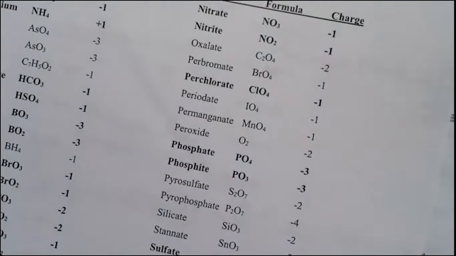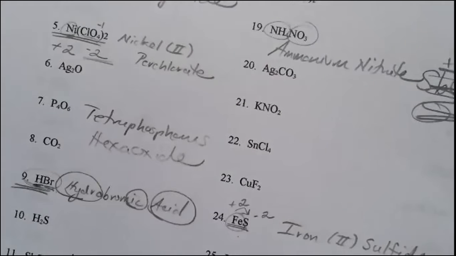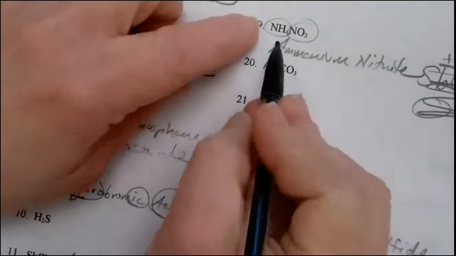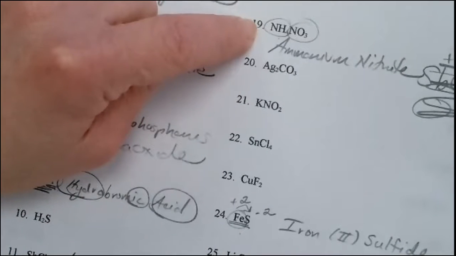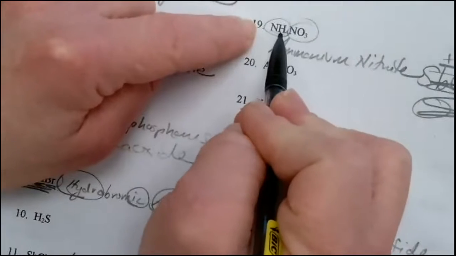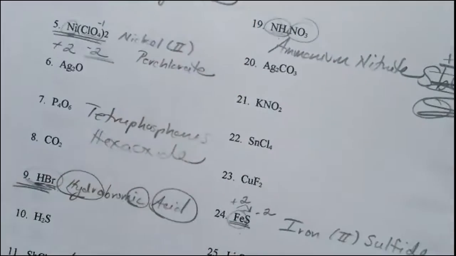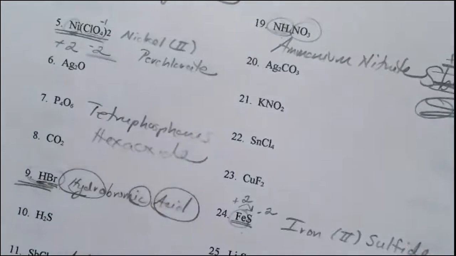Can we ever have a compound made of two negatives? No, they're going to repel. So the only time we'll have a compound with two polyatomic ions is if it begins with ammonium. We just need to be a little bit on the lookout, because we could just judge and say, oh, it begins with nitrogen, it's a non-metal, so therefore covalent. Just be careful.